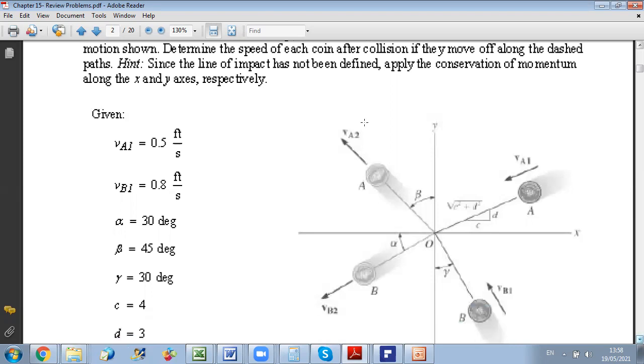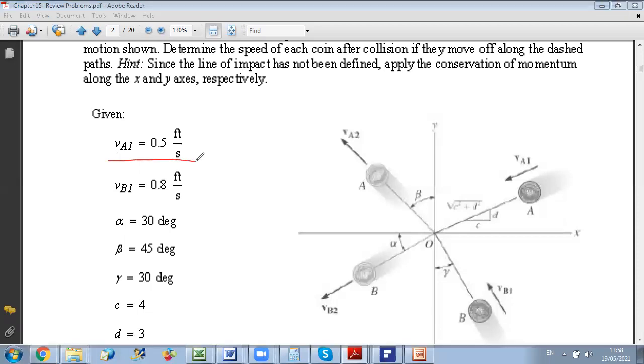If you look at the given, first they gave me the magnitude of velocity at state 1, so VA1 is given. Not only in magnitude, I also know the direction because they gave me C and D, so I can conclude the angle here. So for VA1 I have no problem, I know it completely.